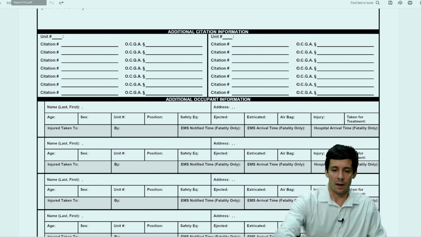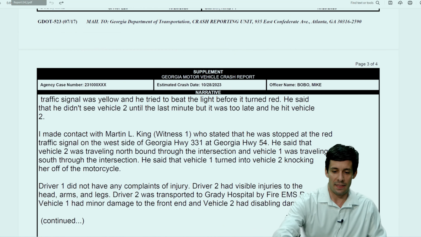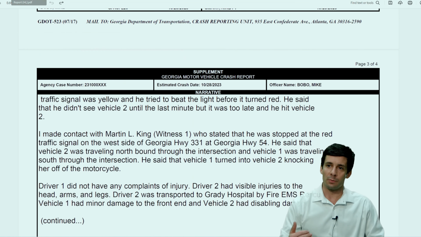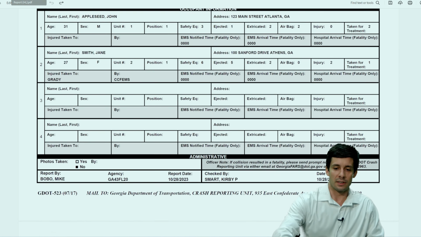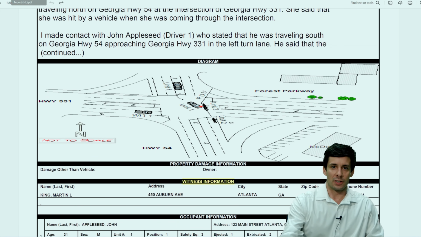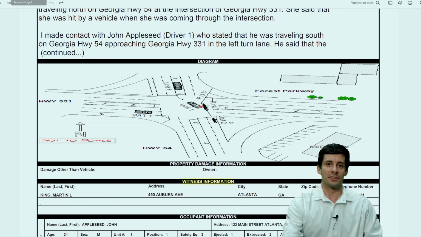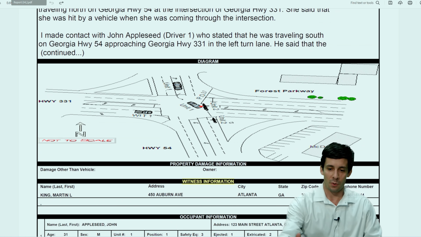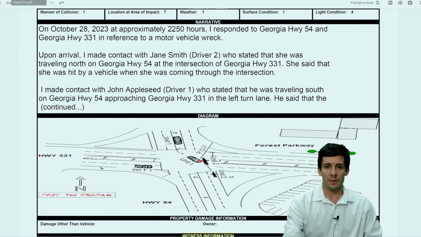So that's your narrative, and then, again, the rest of the report is basically summarizing information, the officer's findings. You can see the diagram, of course, of the accident, witness information, if the witness was gracious enough to stay and wait for the police to give a statement. Of course, that's what you saw here.